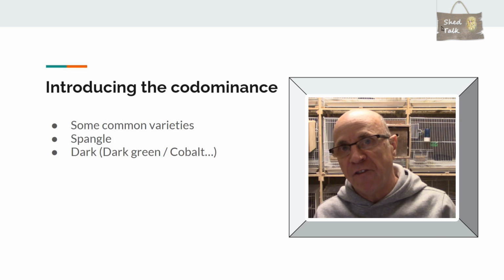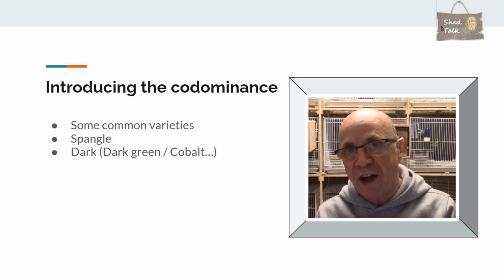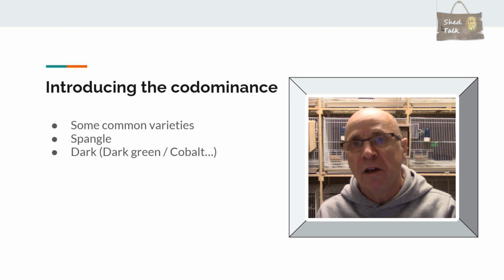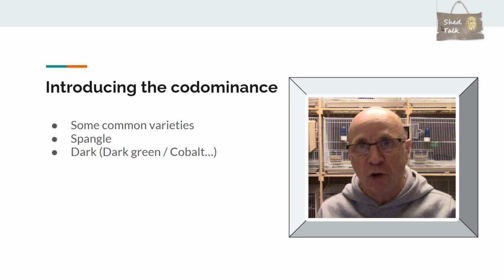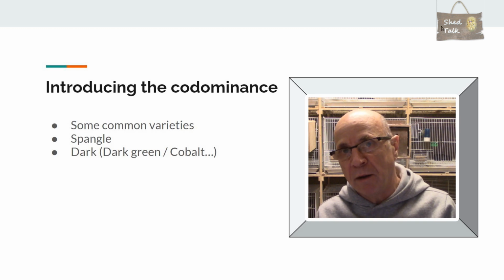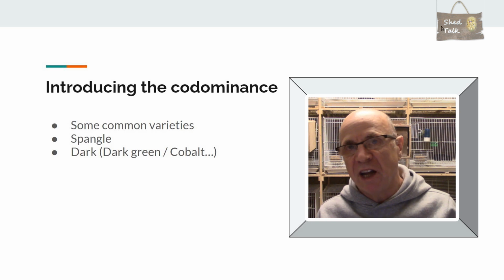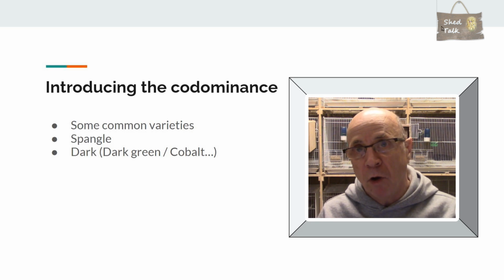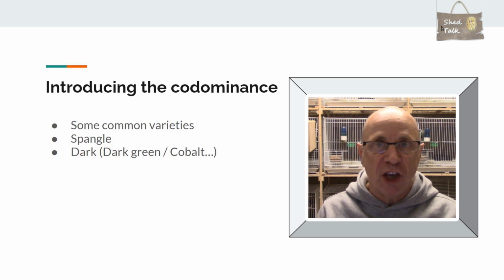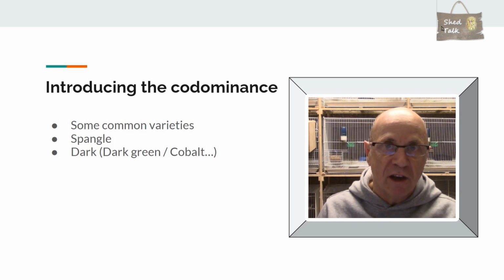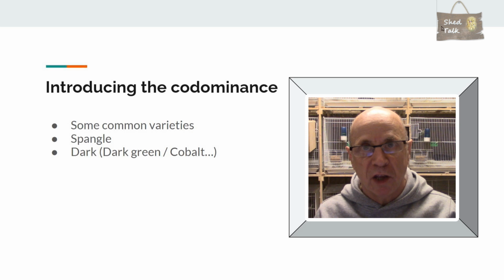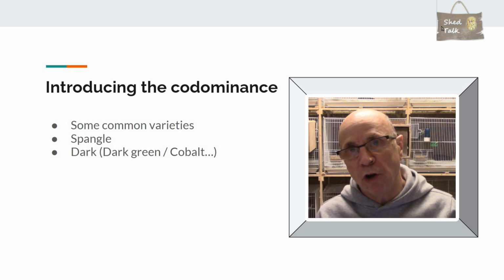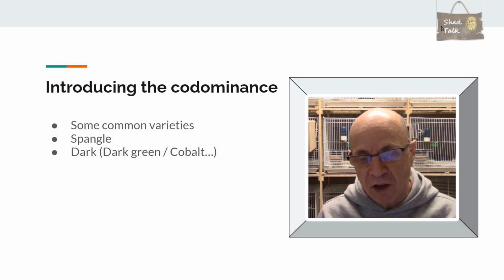And if it contains a single dark factor mutated allele, then it will look like either the cobalt or dark green, and the double will be mauve or olive. So there you can begin to see how the various interactions work when we're talking about the dark factor.